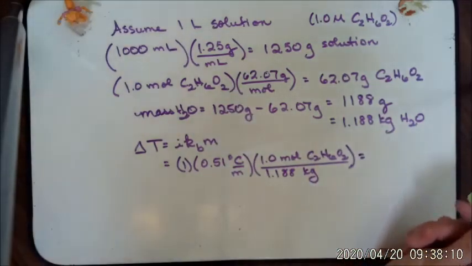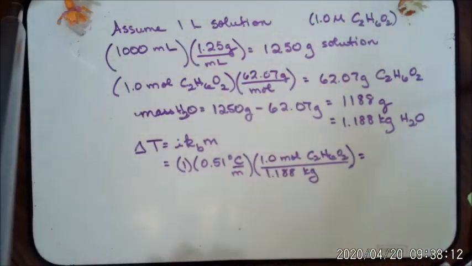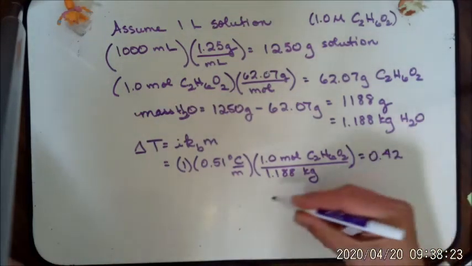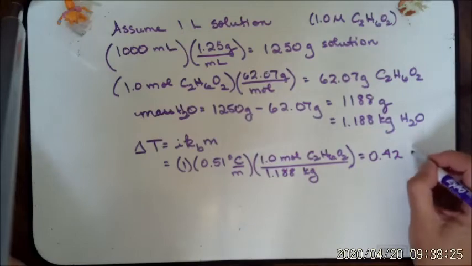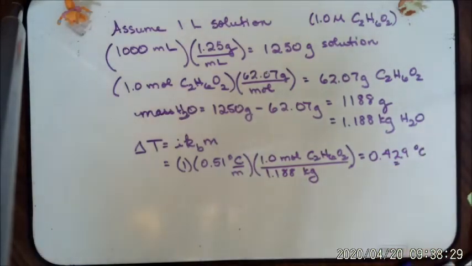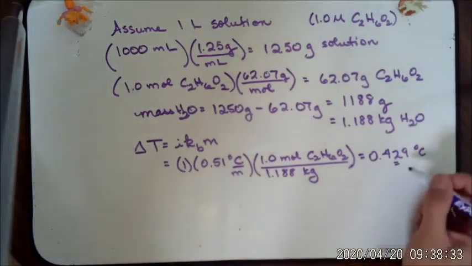So delta T is equal to 0.51 times 1 divided by 1.188. We get something like 0.429 degrees Celsius. This should be 2 sig figs.